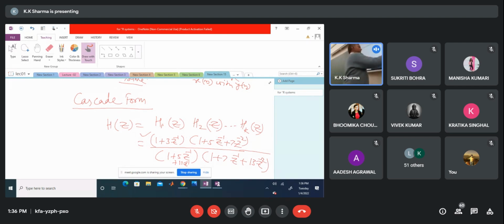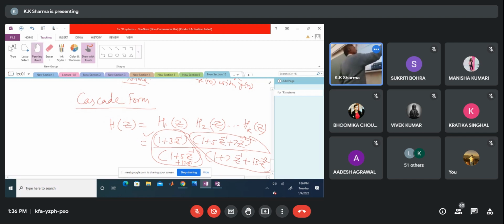Now, I can consider this as my H1(z) and this as my H2(z). You implement them separately and put the output of one as input to the next. That is the meaning of cascade.